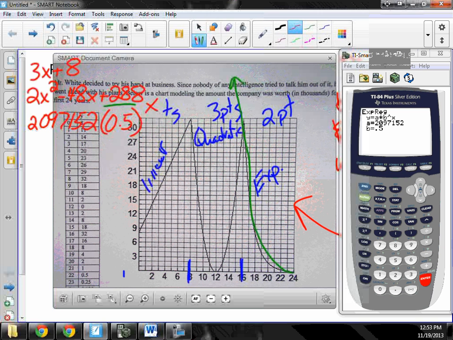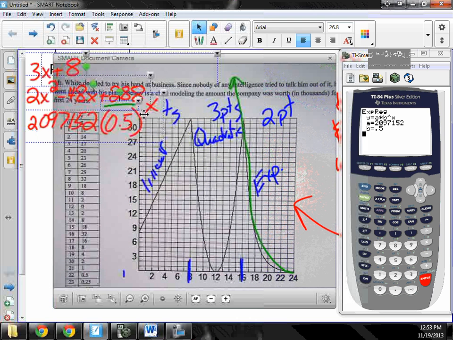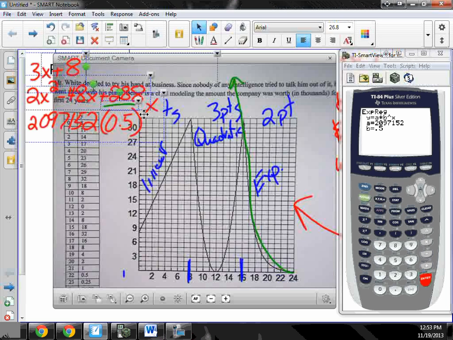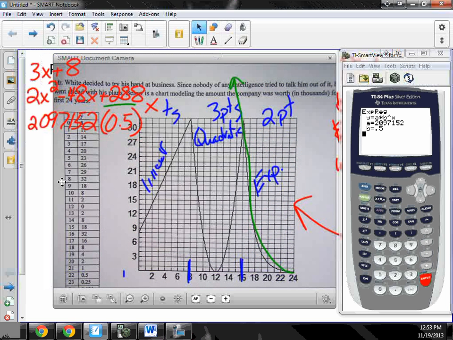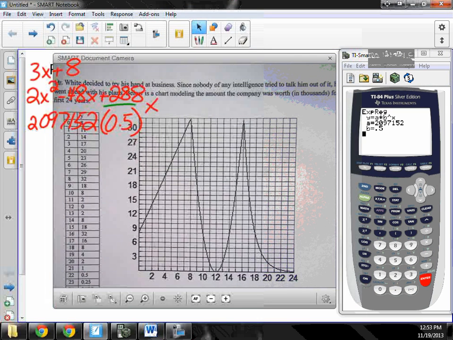Okay? Now, what we're learning today is how to blend all of these functions into one. Whenever you have a function that's made up of multiple pieces, this has a linear piece, a quadratic piece, and an exponential piece, we call it a piecewise function.